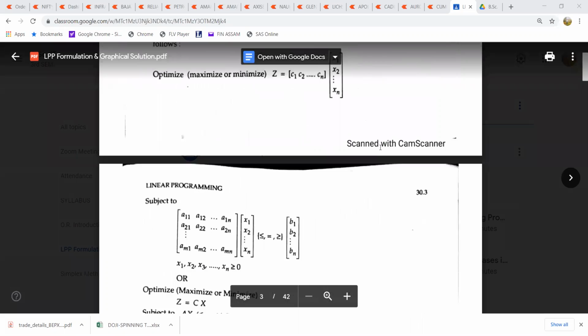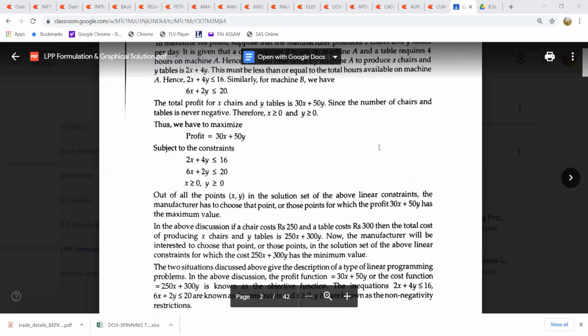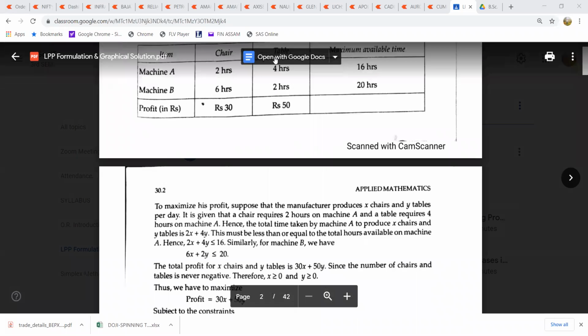Like in this problem, the objective function was Z is equal to what?